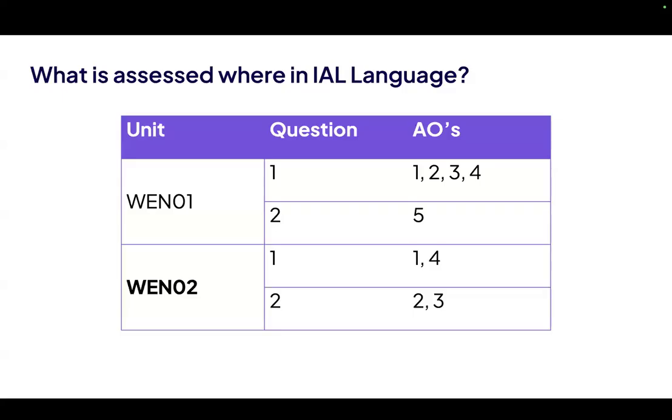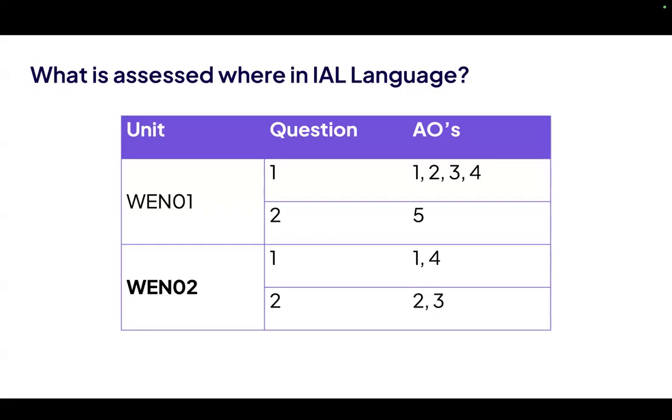Question 1 is section A and question 2 is in section B. And the assessment objectives here are slightly different than in paper 1. Assessment objectives 1 and 4 are assessed in section A, and assessment objectives 2 and 3 are assessed in section B. You may notice that assessment objective 5 is not assessed in this paper.